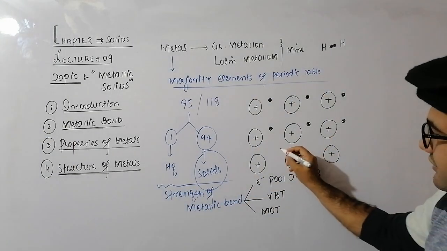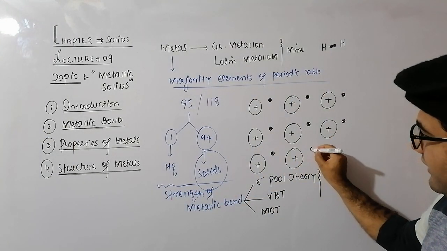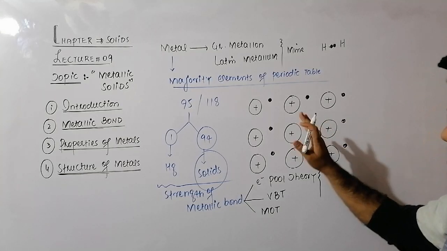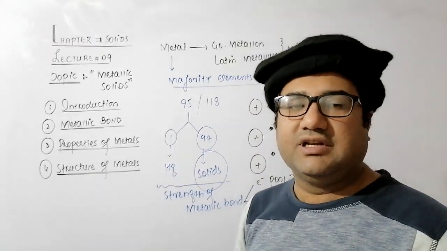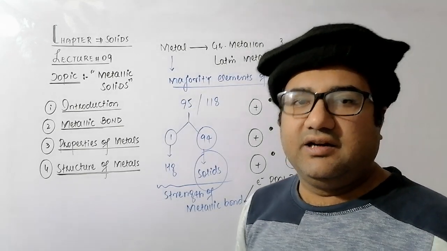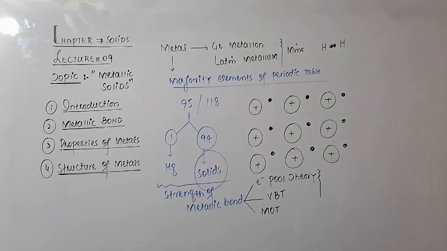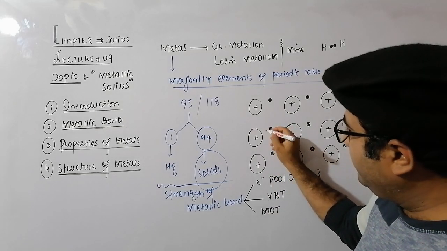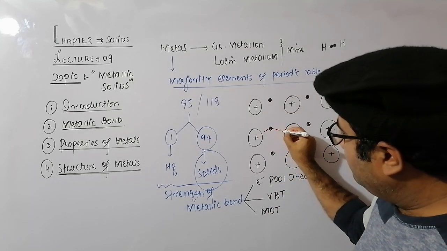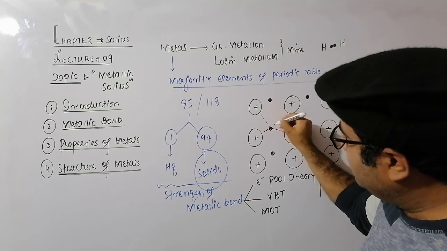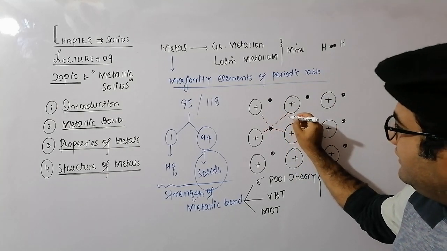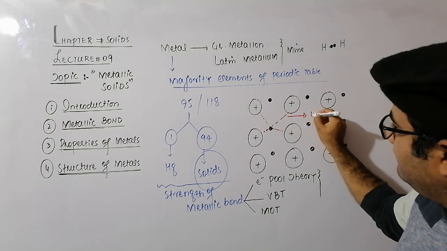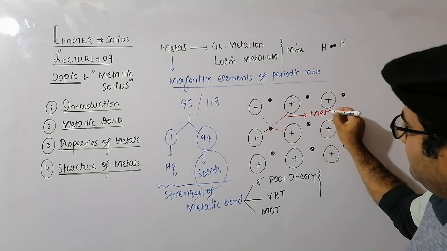While these electrons keep on moving in the whole crystal lattice, they do not belong to any single atom or two atoms, and they do not stay between two atoms. So these are called the delocalized electrons. The force of attraction present between the cations and these free electrons is actually the metallic bond.